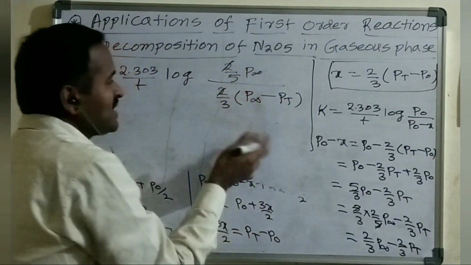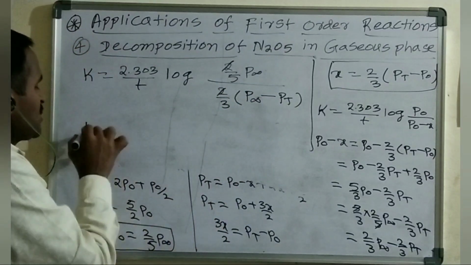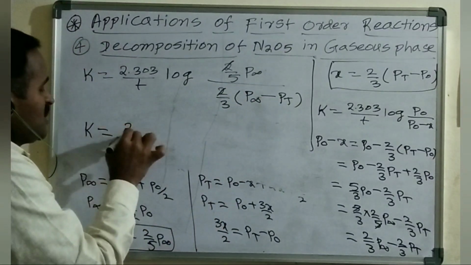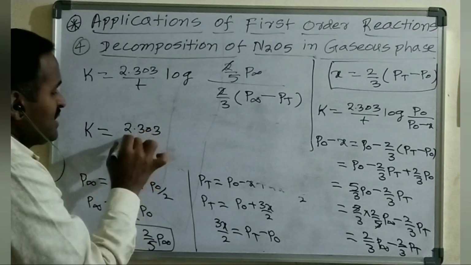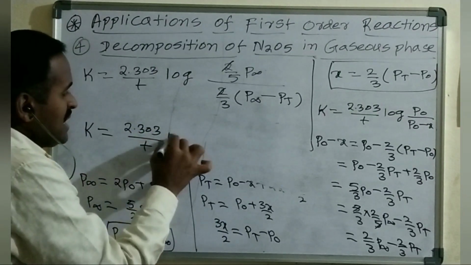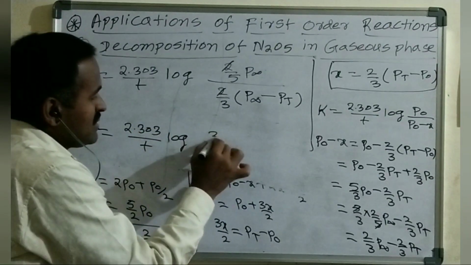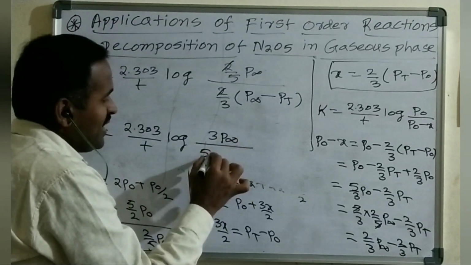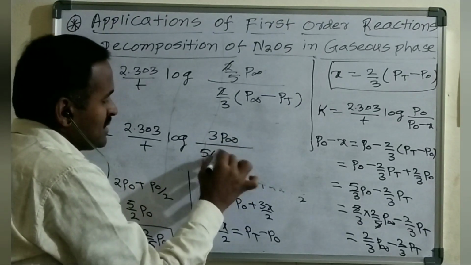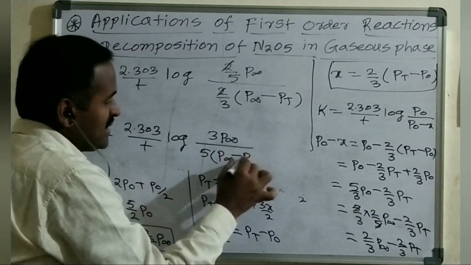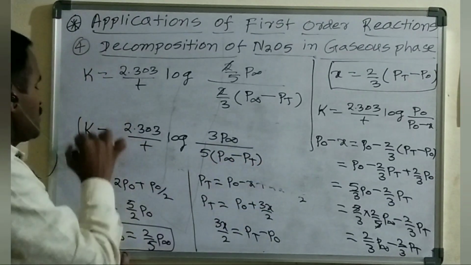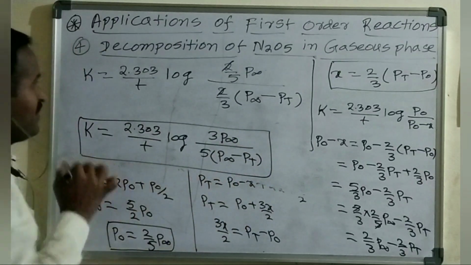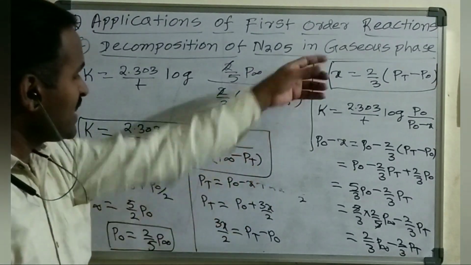So 2 will get cancelled and it will be reversed, so k equals 2.303 by t log of 3P infinity divided by 5P infinity minus 5PT. So this is the rate constant for the decomposition of N2O5 in the gaseous phase.